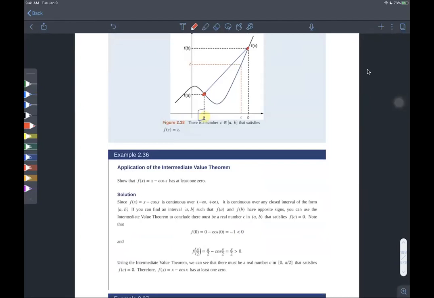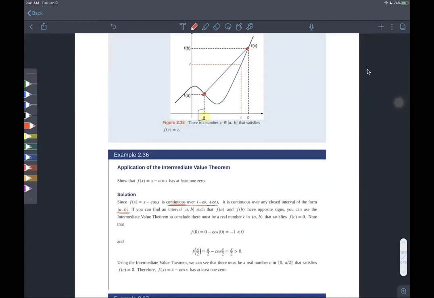Since f of x equals x minus cosine of x, we know that this function is continuous over all real numbers, and it says it is continuous over any closed interval of the form from a to b. Okay, if it's continuous everywhere, it must be continuous on any closed interval.